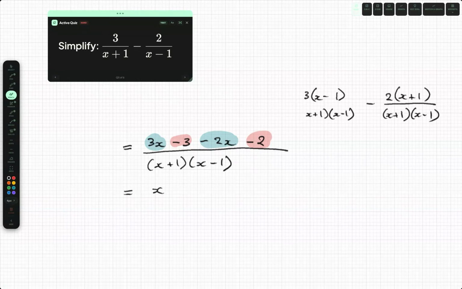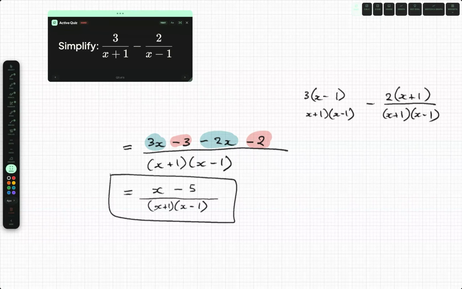And then our negative 3 minus 2 is minus 5, all over our x plus 1 and x minus 1. All right, that's our answer just here.